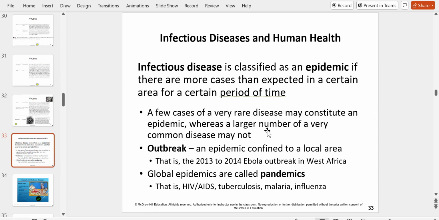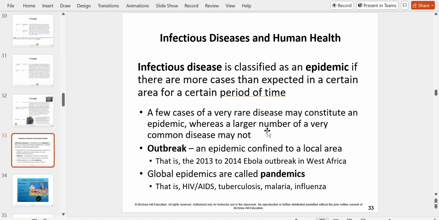Infectious disease is classified as an epidemic if there are more cases than expected in a certain area for a certain period of time. So a few cases of a very rare disease may constitute an epidemic, whereas a large number of a very common disease may not. An outbreak is an epidemic confined to a local area.